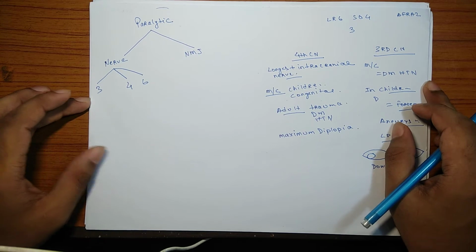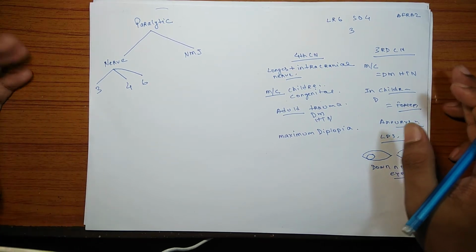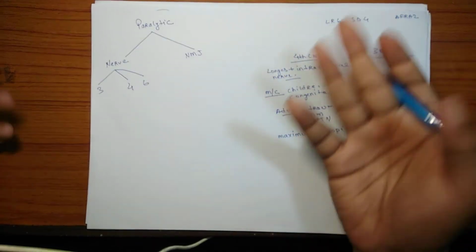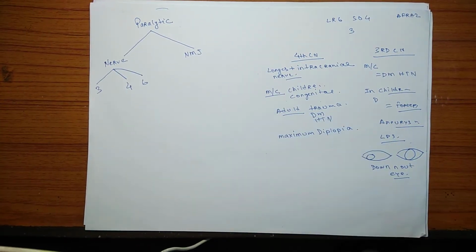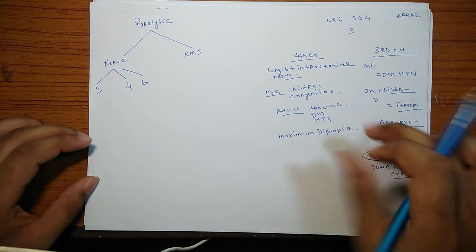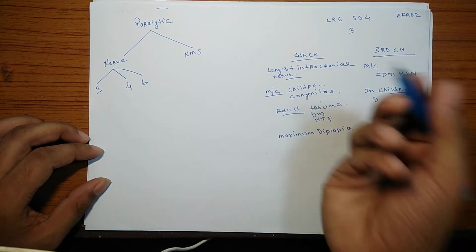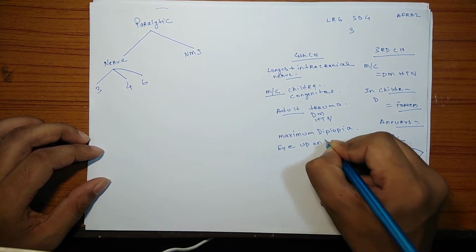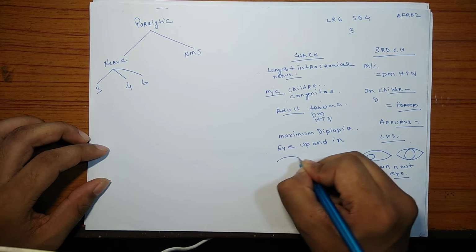So when will you see this diplopia? Any task which requires you to look down, maybe look at your feet, reading a newspaper, reading something on your phone, looking at the ground, going down the stairs, you'll have maximum diplopia. In this the eye will be up and in.